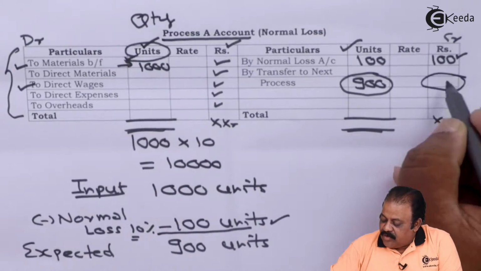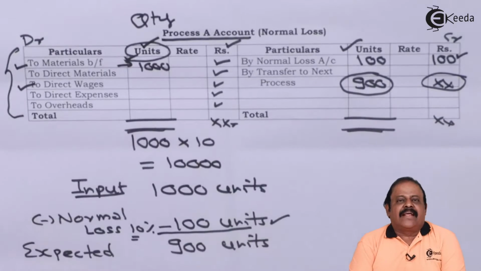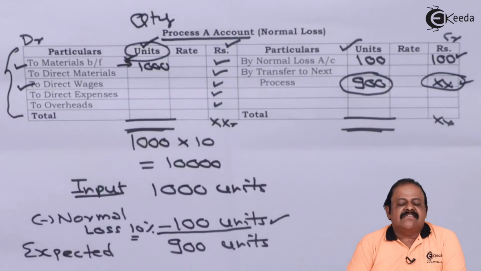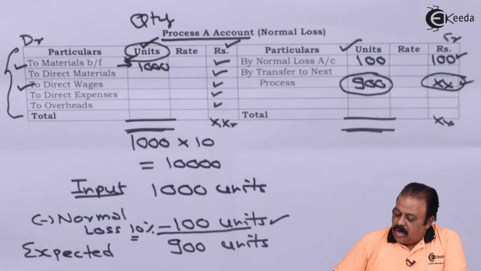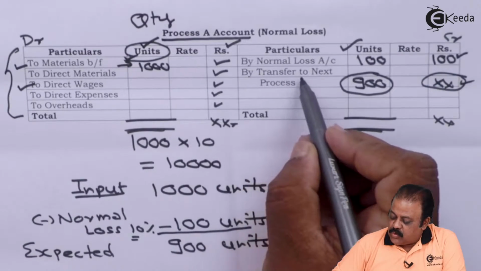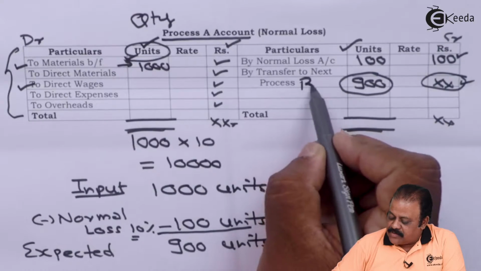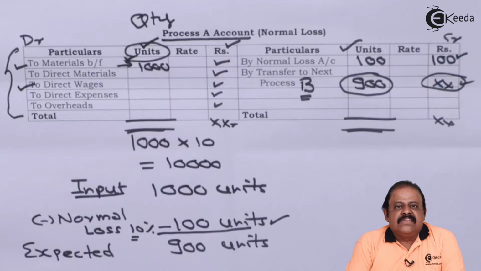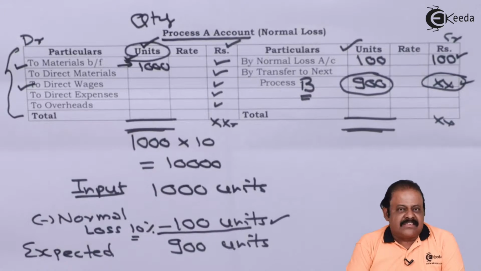Debit minus credit, we are going to get balancing figure here on credit side. That balancing figure here in rupees column indicates the value of output. What we have written here, by transfer to next process. Suppose next process is B process. So this output will be transferred to the next process. This is how usually process account is prepared and normal loss is recorded.